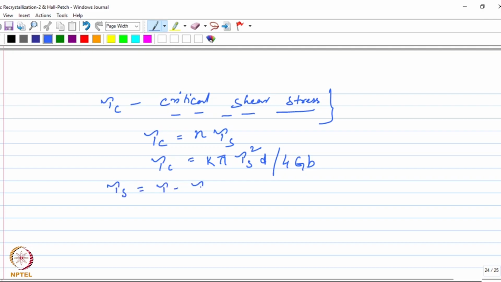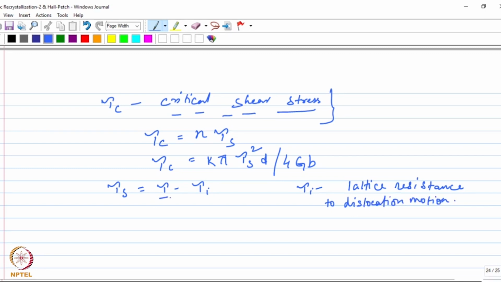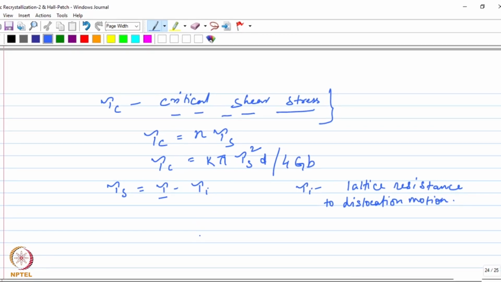So if tau i be that lattice resistance, then tau s can be written as tau minus tau i, where tau is the applied shear stress, and therefore tau c will be given as this.